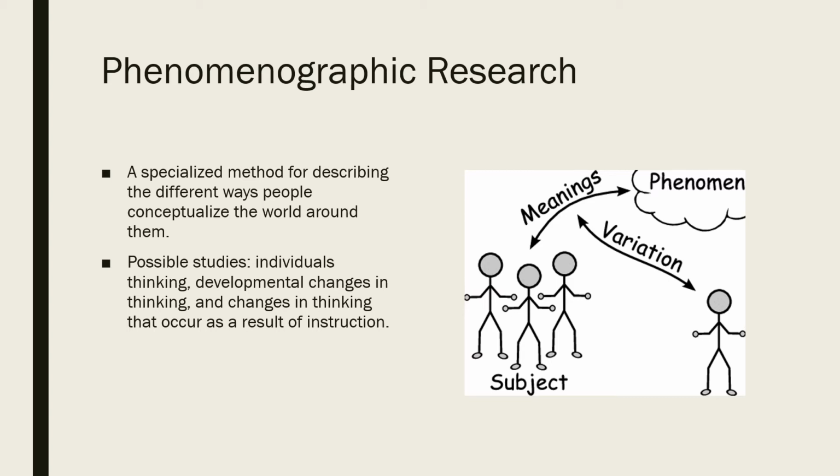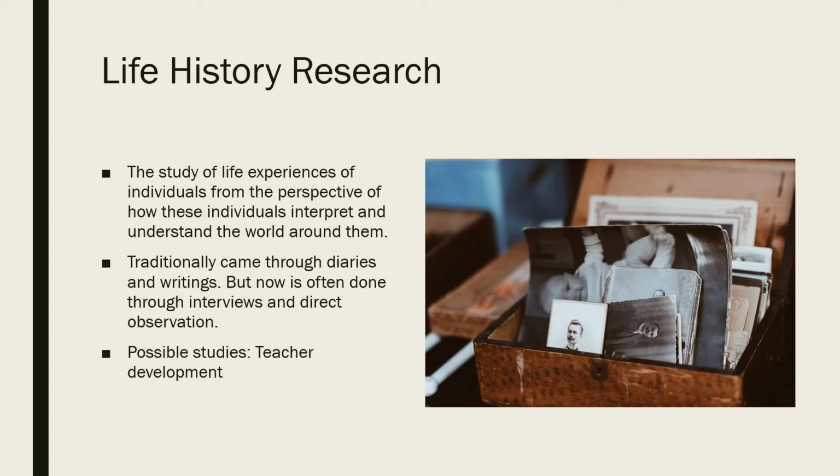Yeah, that's how I see the differences. Some possible studies for this would be on individuals' thinking, developmental changes in thinking, and changes in thinking that occur as a result of instruction.